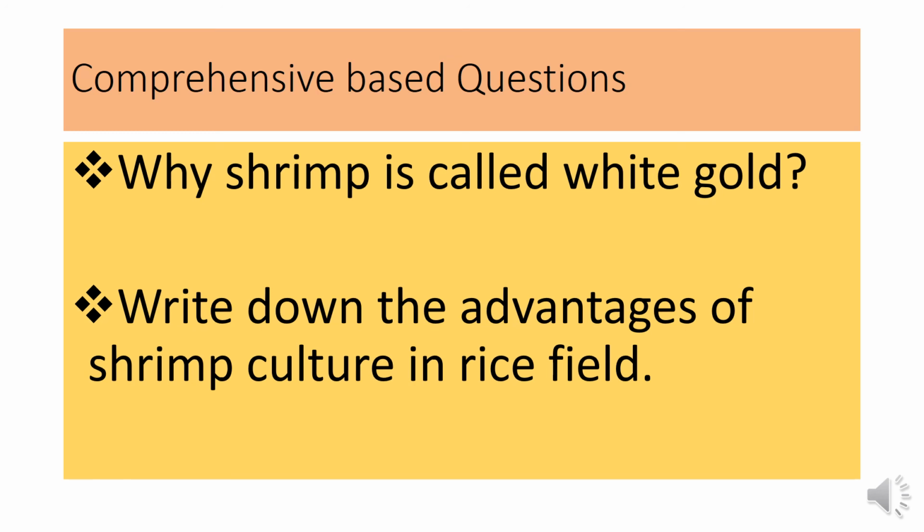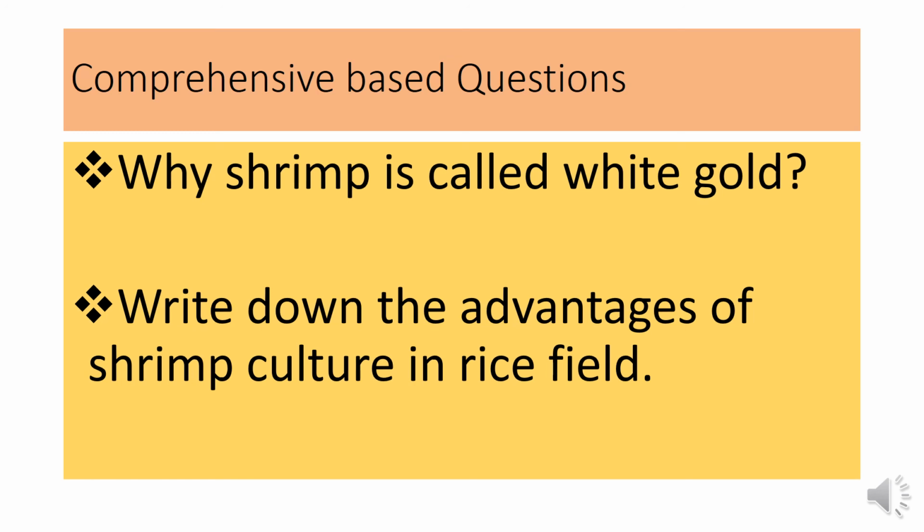And write down the advantages of shrimp culture in a rice field. Mainly, integrated rice and shrimp culture has many advantages. Rice and shrimp can be cultivated on the same land. Both paddy crops and shrimps benefit. Soil fertility increases.